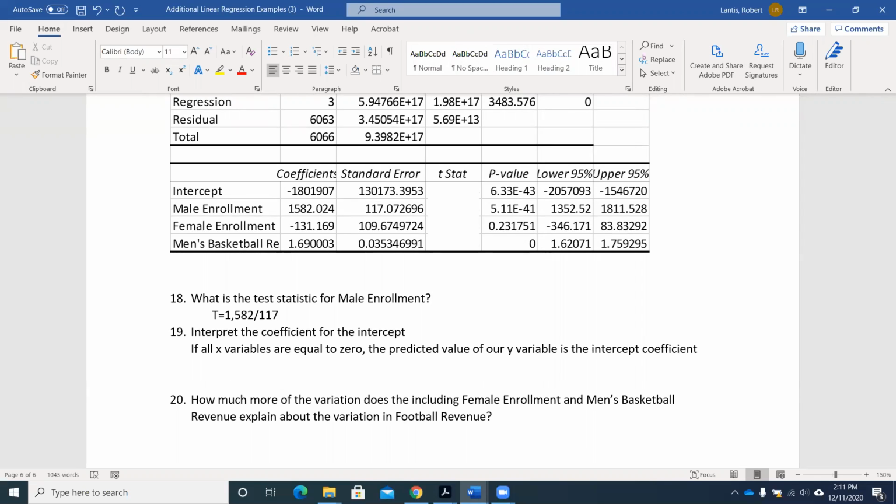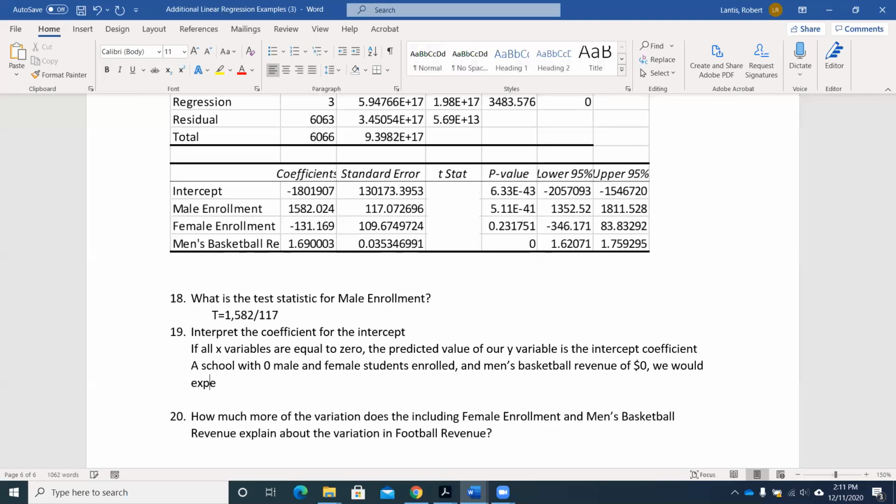Okay, so for us that would be a school with 0 male and 0 female students enrolled, and men's basketball revenue of $0, we would expect their football revenues are negative $1,801,907.